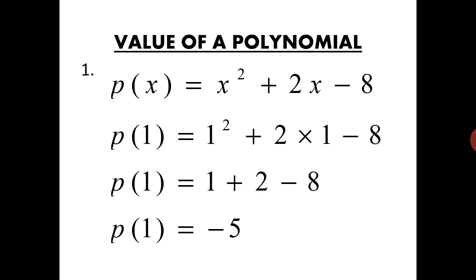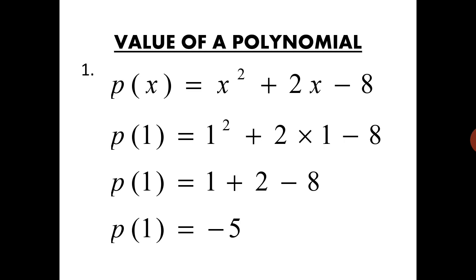So, it becomes p of 1, which is equal to, in place of x square, it will become 1 square plus 2x, that is 2 multiplied by 1, because in place of x we have substituted it as 1, minus 8 remains as it is. So, wherever it was written x, we have substituted it as 1.